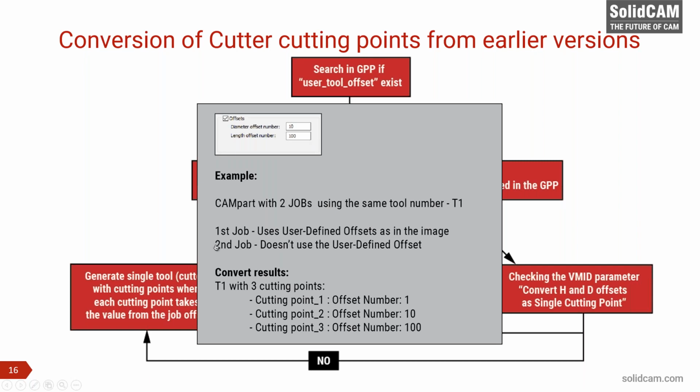Then we have a second job where we don't use the user-defined offset. The conversion result will be that we have only one tool, one cutter with tool number 1, but with 3 cutting points: cutting point 1 with offset number 1, cutting point 2 with offset number 10, and cutting point 3 with offset number 100.